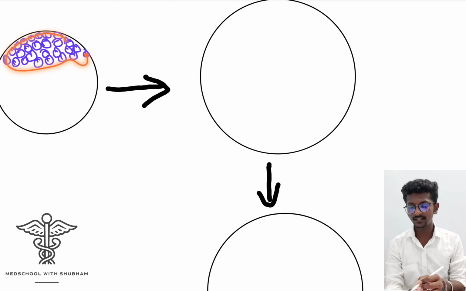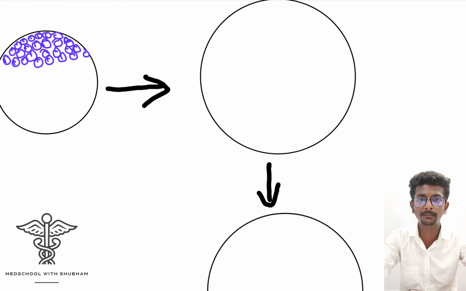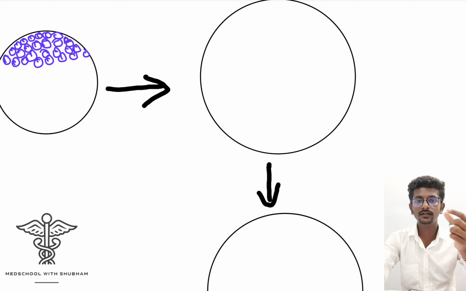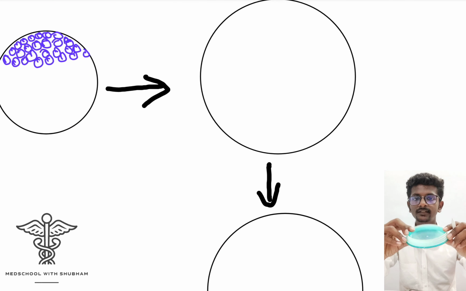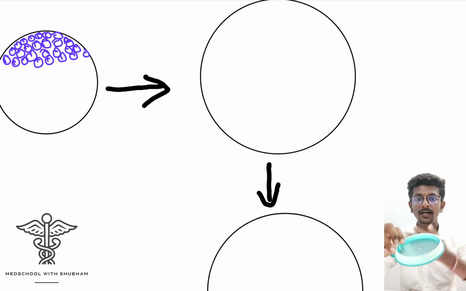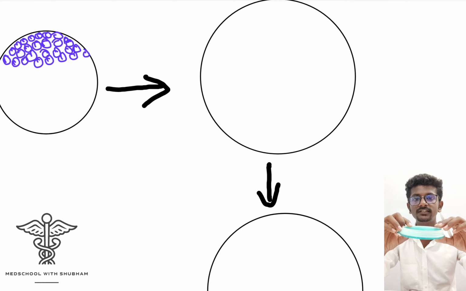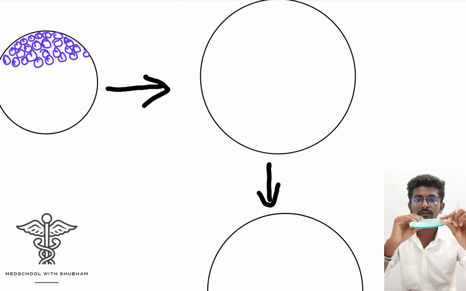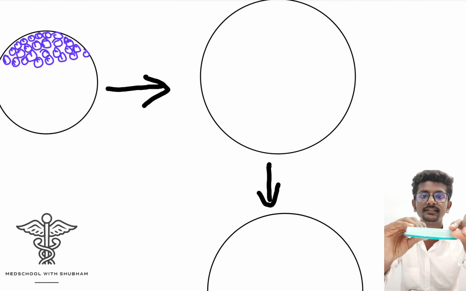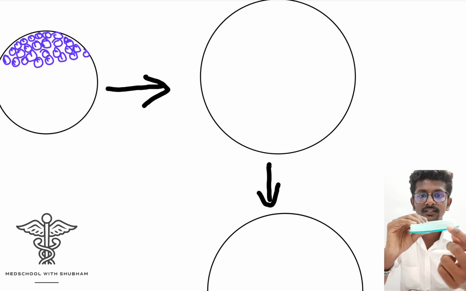Now this inner cell mass initially was a mass-like thing, a bunch of cells, and now this bunch of cells got differentiated into a disc-like manner, in which the disc has two layers. This is the upper layer, which is thick, and this is the lower layer, which is thin.